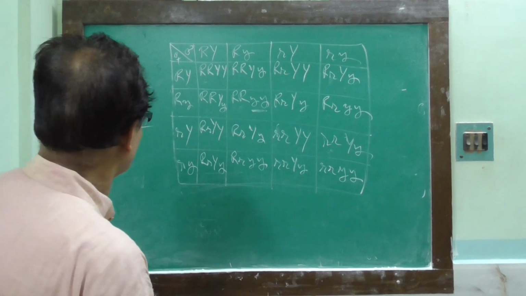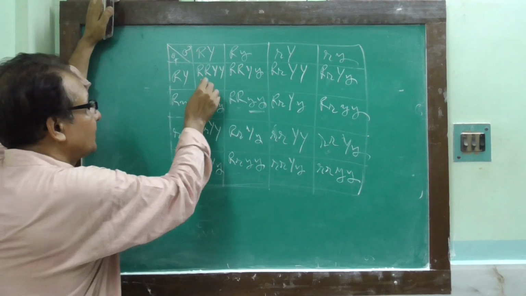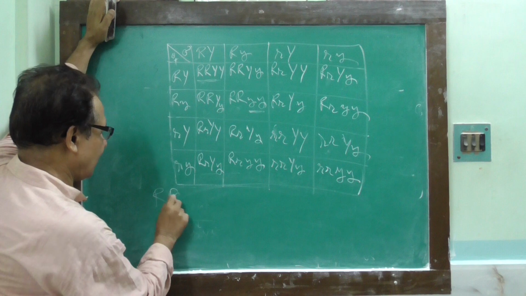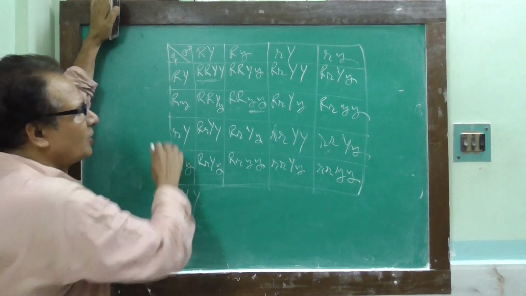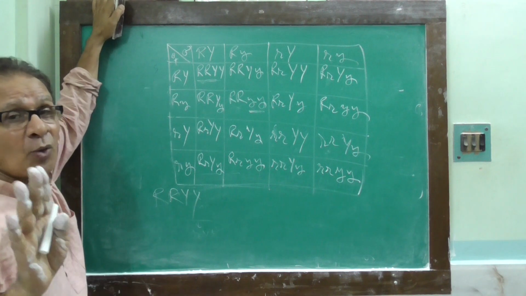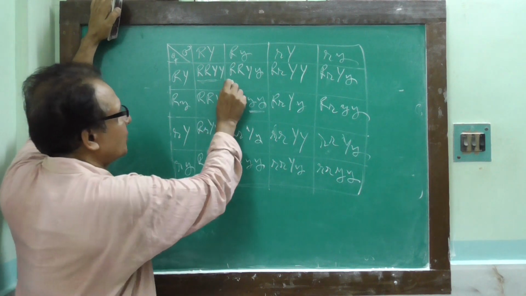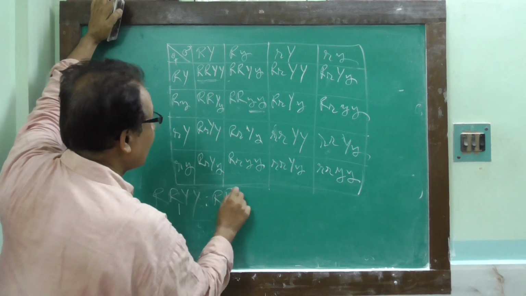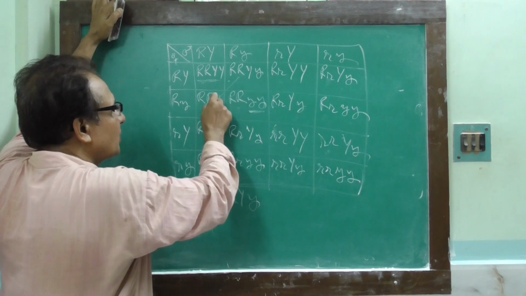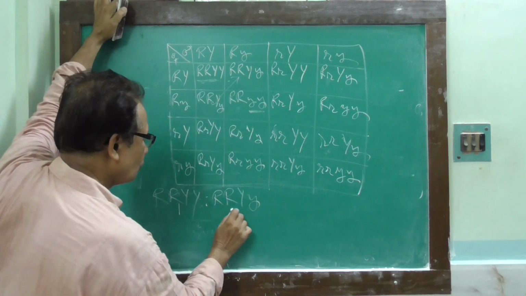Now the genotypic ratio. To find out the genotypic ratio, you follow this. First you write capital R, capital Y, capital Y. In this checkerboard, it is present only 1. The next one, capital R, capital Y, small y, is present 2.